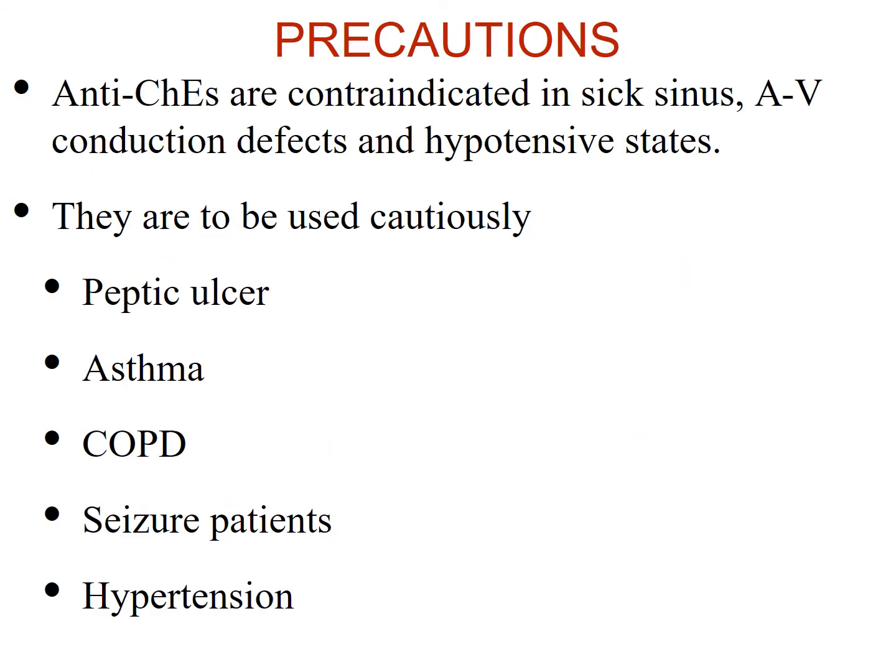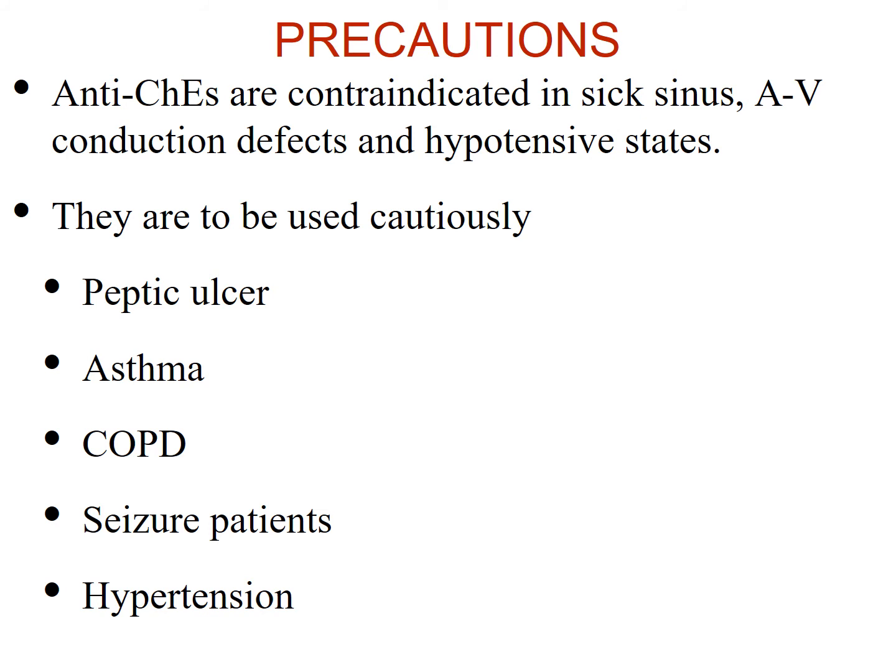So, when we give these anticholinesterases, we have to take certain precautions. These drugs are contraindicated in cases of sick sinus or atrioventricular conduction defects, because we have already seen how it has its effect on the SA node, AV node and Purkinje fibers, and the inhomogeneity of the vagal innervation is also responsible for the contraindication of these drugs in cases of AV conduction defect.